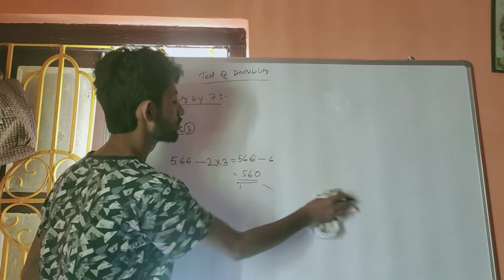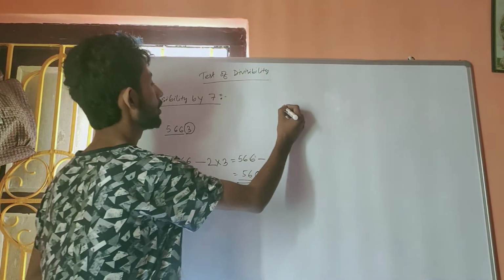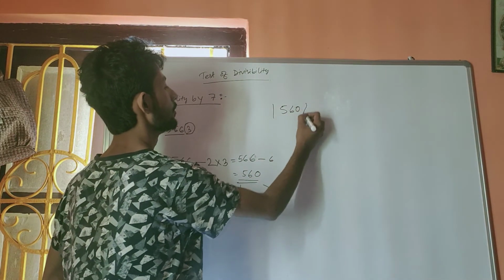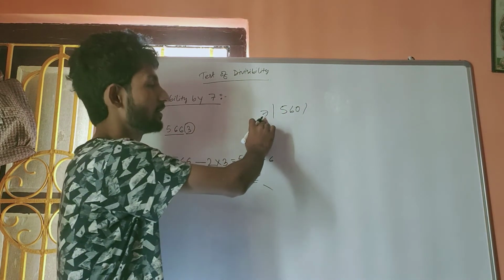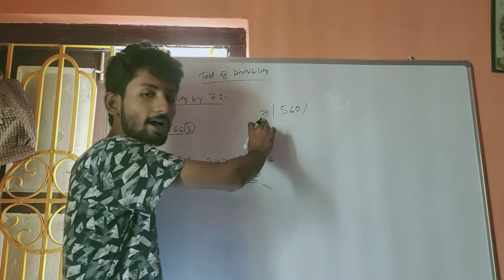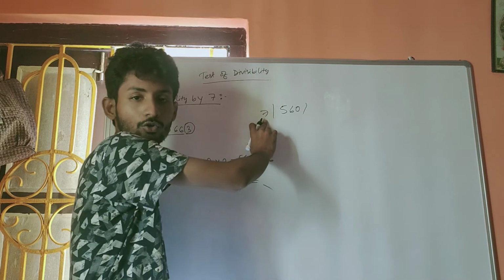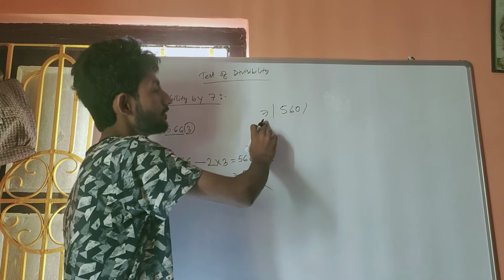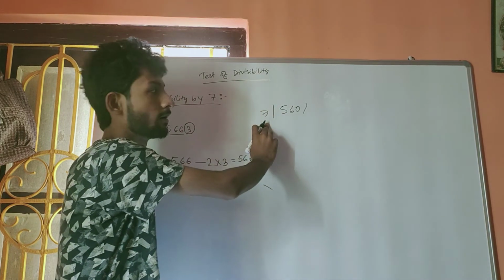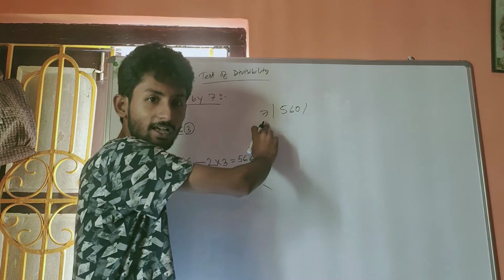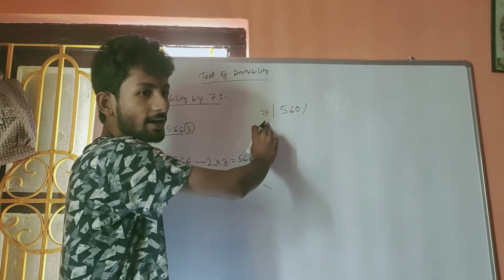We have to check this one. Is 560 divisible by 7 or not? Now divide by 7. 7 ones are 7, 7 twos are 14, 7 threes are 21, 7 fours are 28, 7 fives are 35, 7 sixes are 42, 7 sevens are 49, 7 eights are 56.